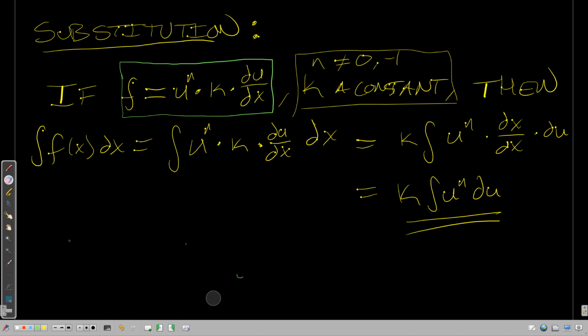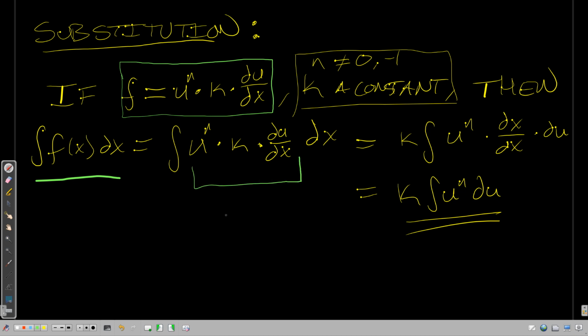The only stipulations here are that k is some constant and your exponent is not 0 or -1. If that happens, then the integral of that function would just look like this.